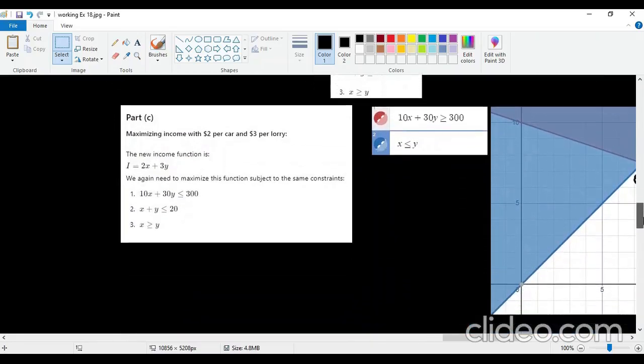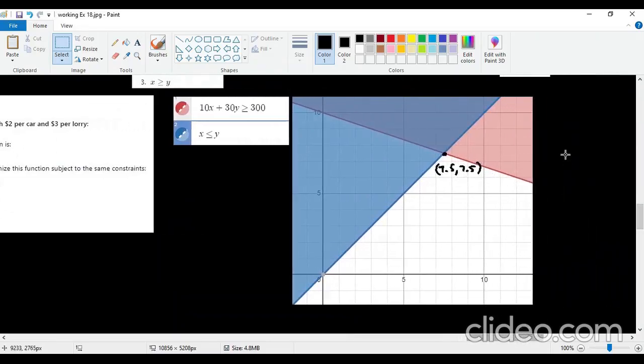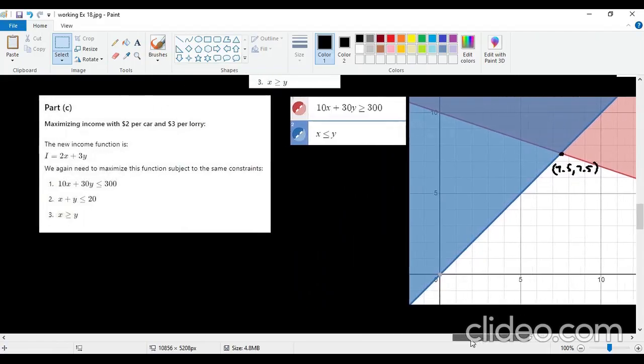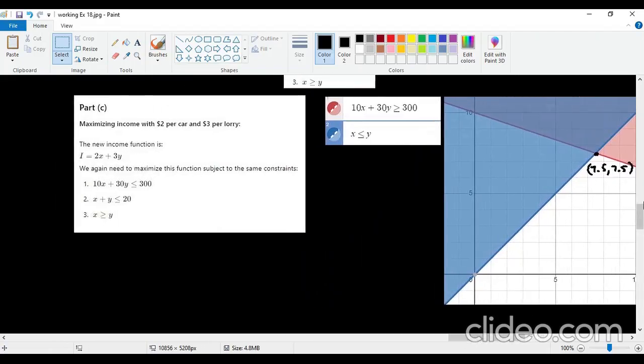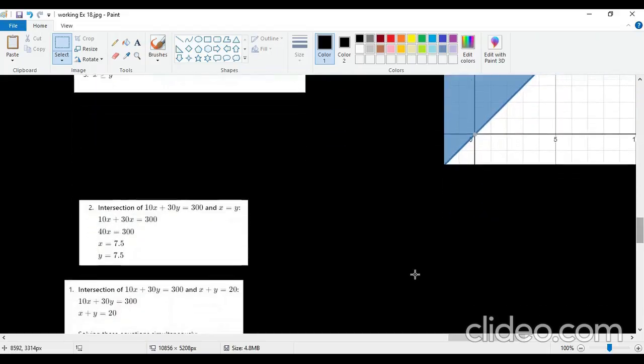For the first one, 7.5 x and 7.5 y is the point where these two are meeting, and once we put it into the calculations, we are going to get both. This one is the mathematical calculation, and the graphical one is in front of you.